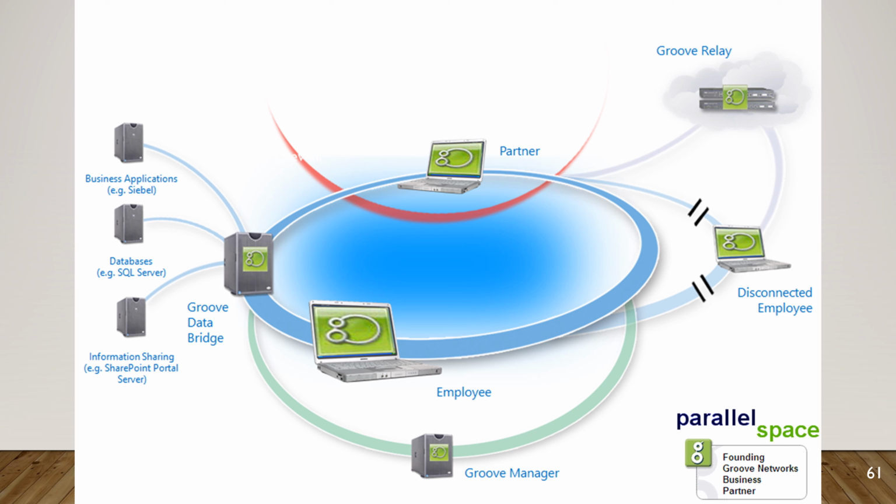As a Groove business partner, Parallel Space was able to create custom Groove tools, such as a fully integrated version of Microsoft Outlook that ran both on the Microsoft 365 network, as well as spanned the Groove decentralized network, which was kind of cool. Many different kinds of custom applications were built for the Groove platform.